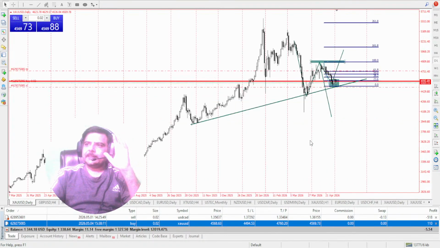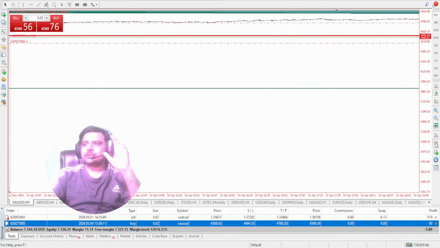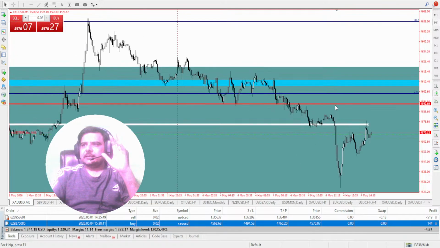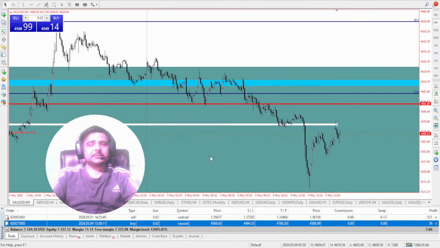Why? Because maybe 741 pips of a stop loss seems too big, and even though it's fine, the market has not gained any momentum. The market is still bearish.